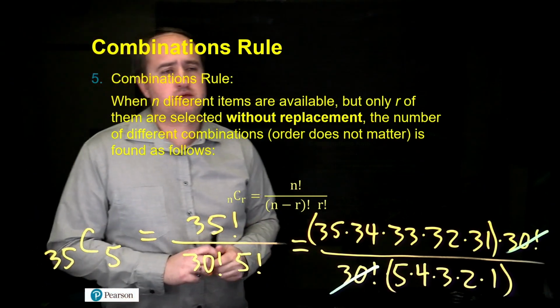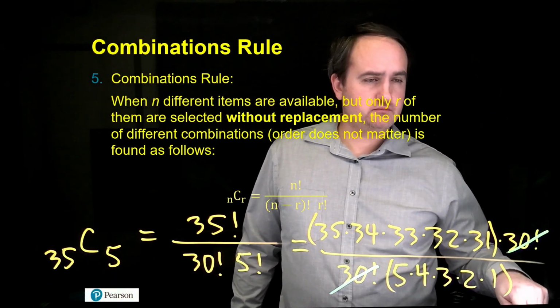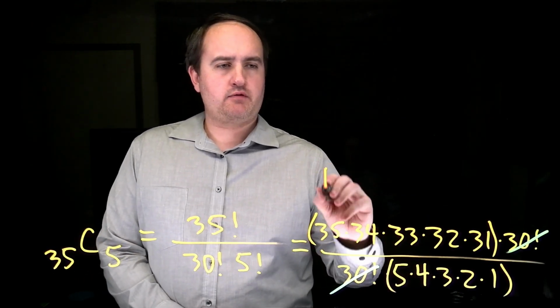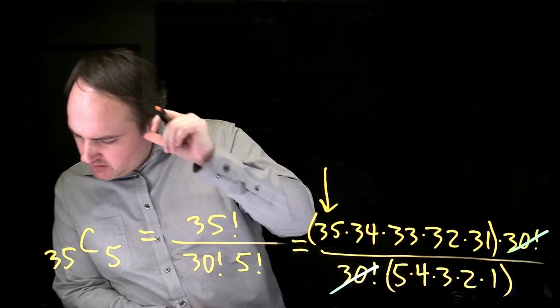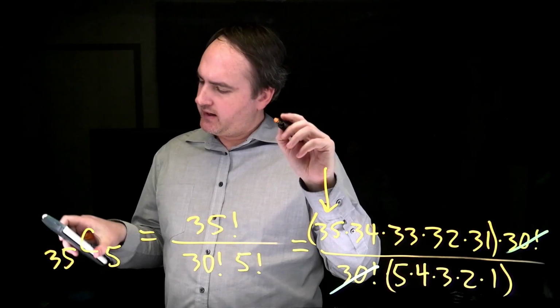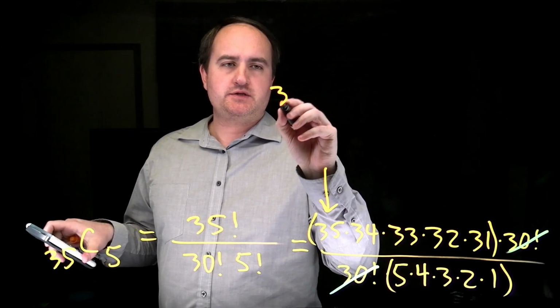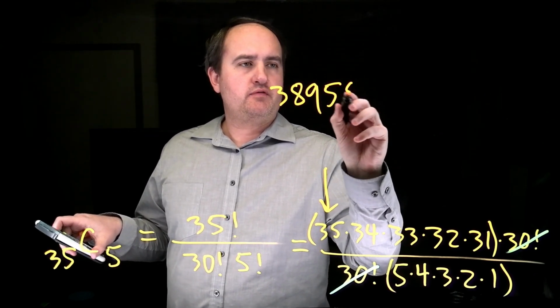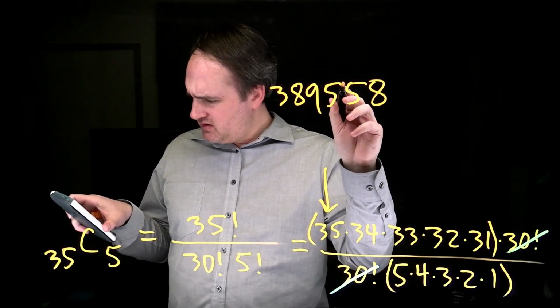That would give us quite a large number. I'll just read the digits to you: 3, 8, 9, 5, 5, 8, 4, 0.